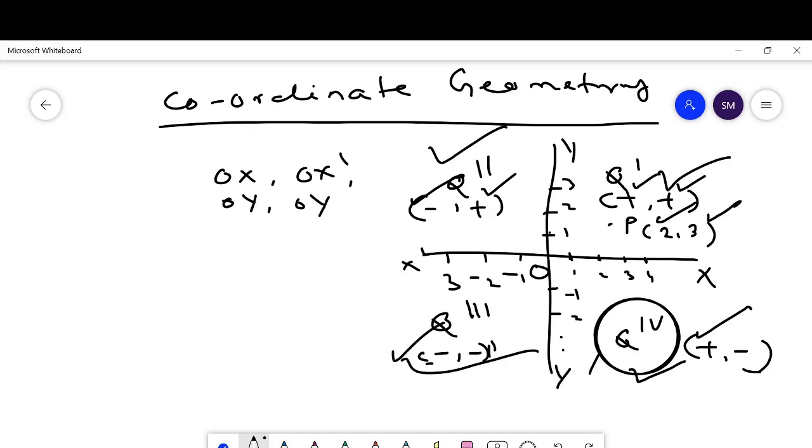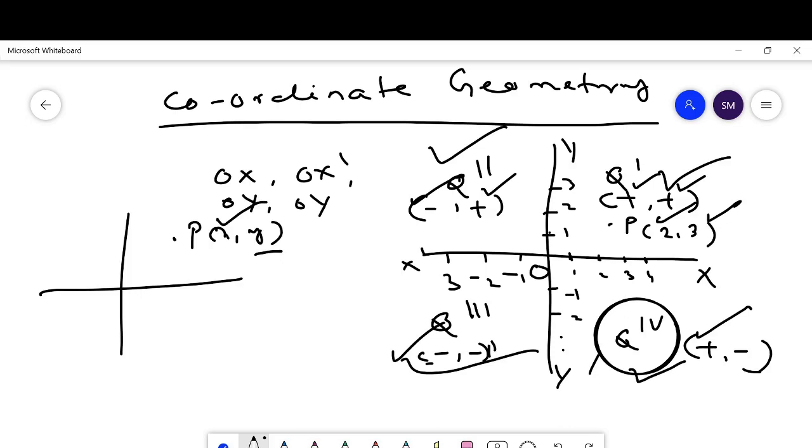The x coordinate is called abscissa and the y coordinate is called ordinate. Suppose this is a point P(x, y), then x is called abscissa and y is called ordinate of the point.